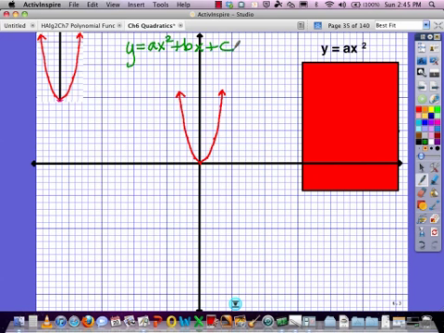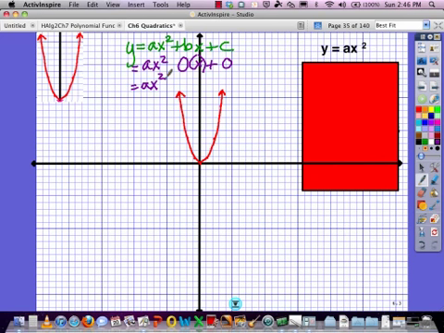But if you put a 0 in for b and c into this equation, the resulting equation gives us just y equals ax squared. So a parabola could open up, could open down, but here we go.